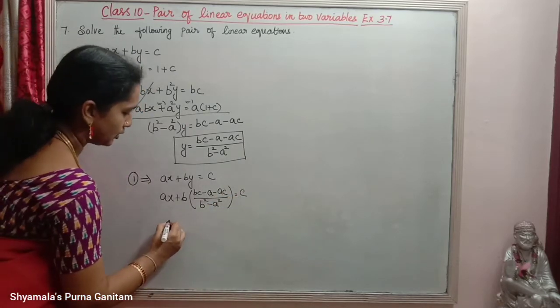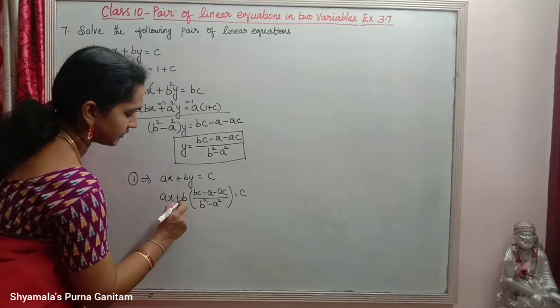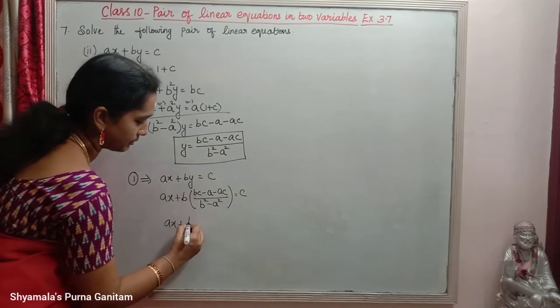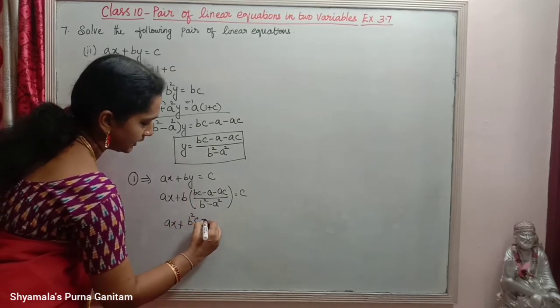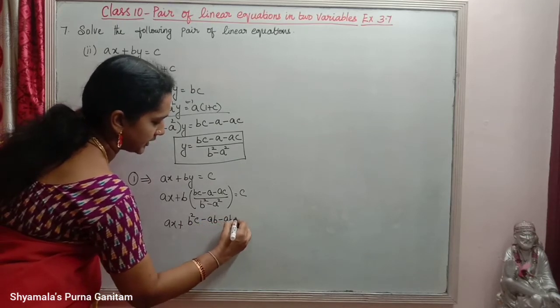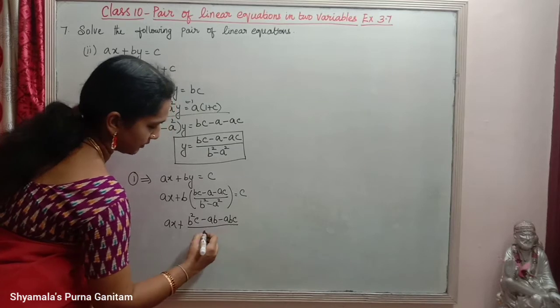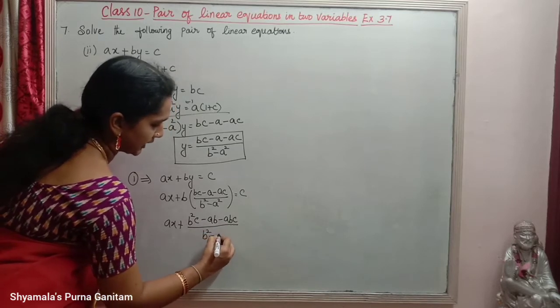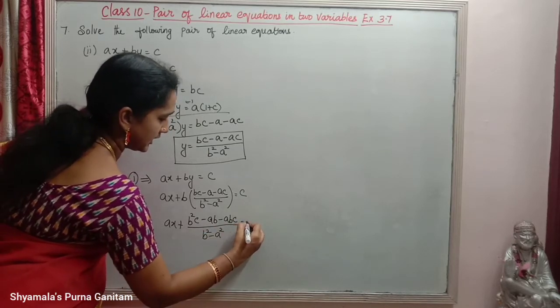Okay. So ax plus, when I multiply this b inside, it will be b squared c minus ab minus abc divided by b squared minus a squared is equal to c.